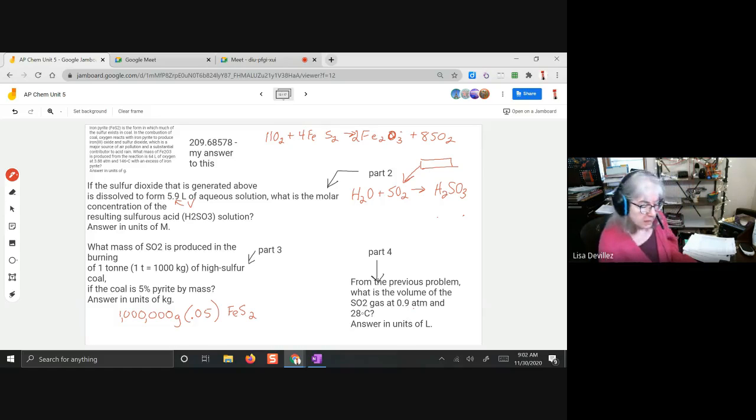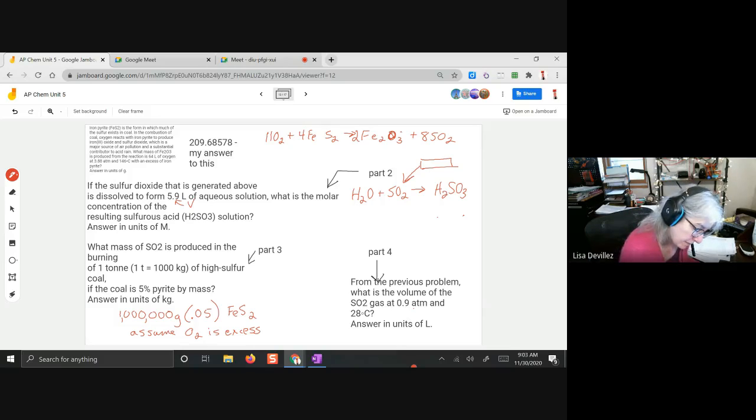All right, so you're basically going to use that equation again with this much FeS2, and you're going to assume your oxygen is the excess. Okay, and you'll do that to get your mass of SO2. So part 3 is a completely new problem.